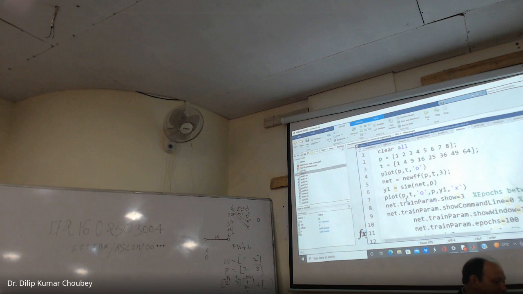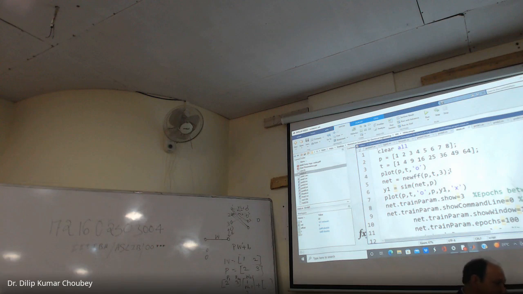Then we find out P comma T. This is your O. O means initially the input and target value, and that is the output without training. So you understood this plot. Two plots we draw: the input and the target, and the same chart with your input and the network output without training.